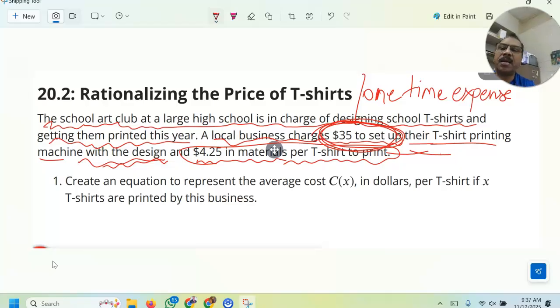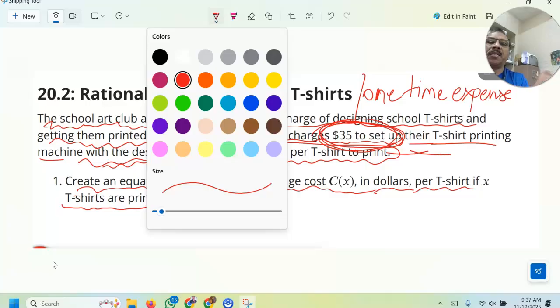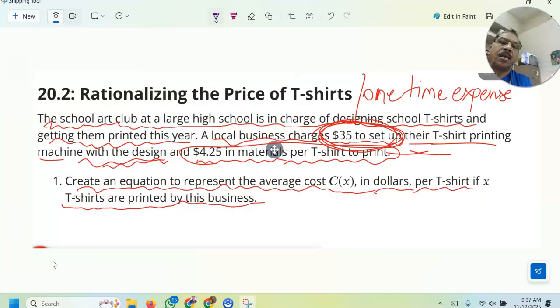So we can create an equation to represent the average cost C(x) in dollars per t-shirt if x t-shirts are printed by this business. Not difficult, we did this, but let's write it down. First step, C(x): I will write the total cost.